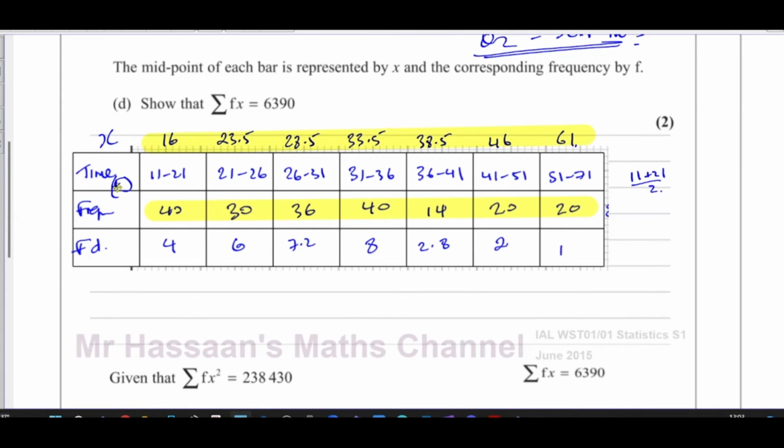So our f is this, our x is that, and we want to find the sum of fx.